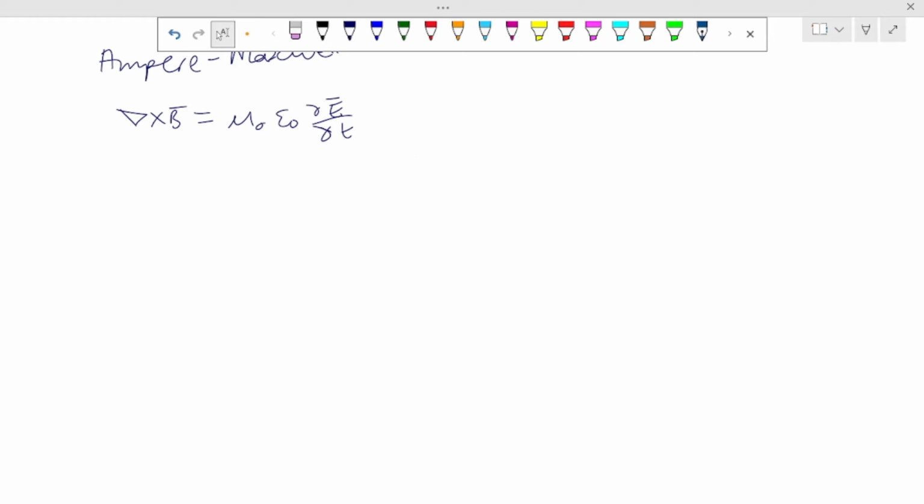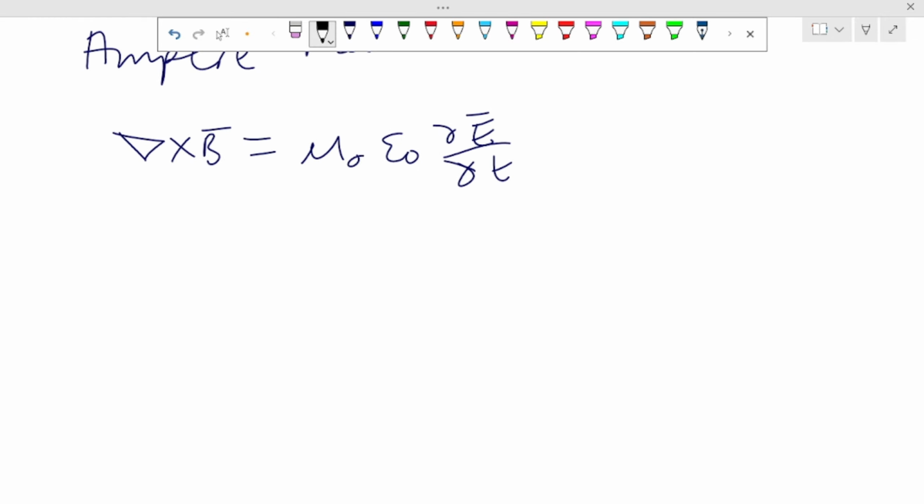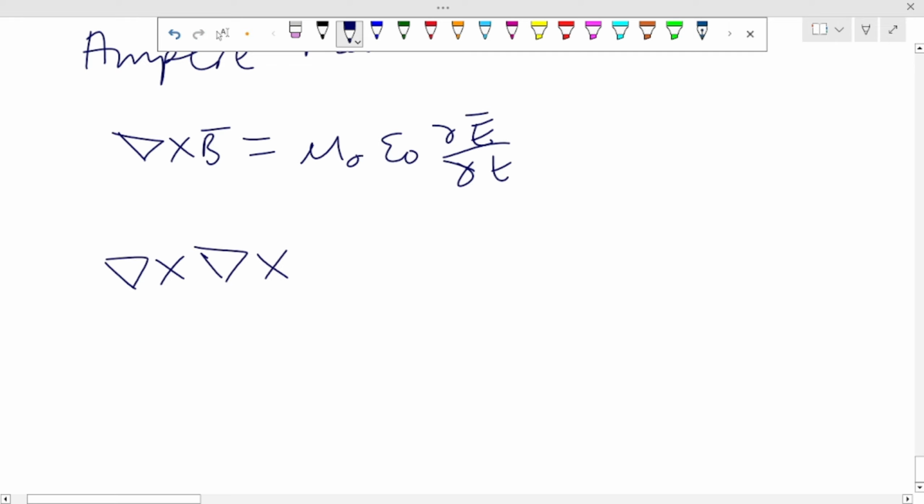Now, when you take the curl of both sides, what's going to happen here? You will have the curl of the magnetic flux, that's of B, and then this.